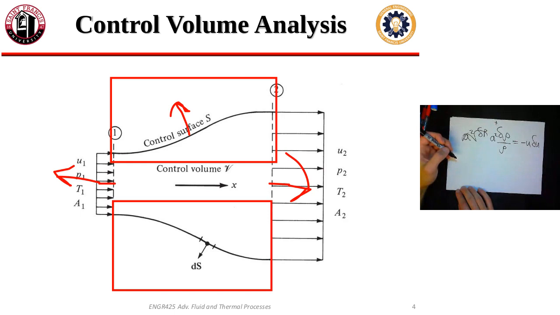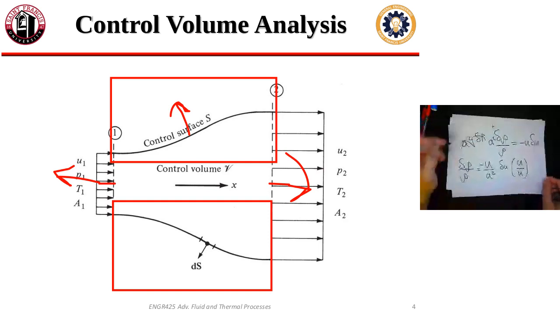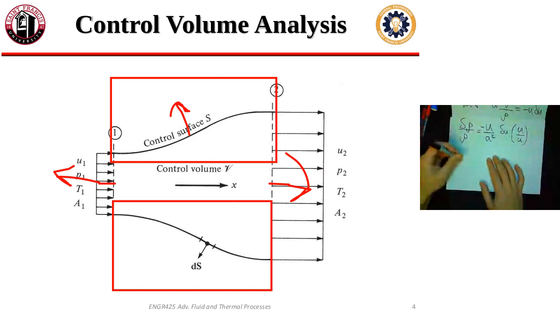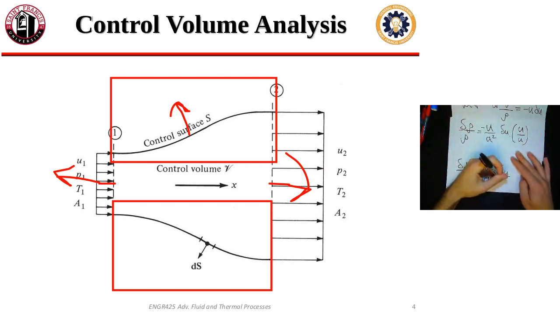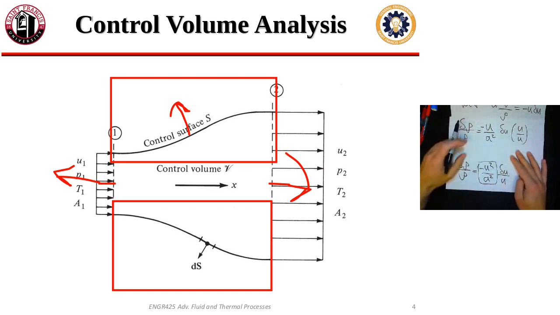If I divide through by a squared and take out a u, I'm just going to multiply by u over u. So that effectively gets me d rho over rho equals negative u squared over a squared du over u. U squared over a squared, that's like Mach number, right?